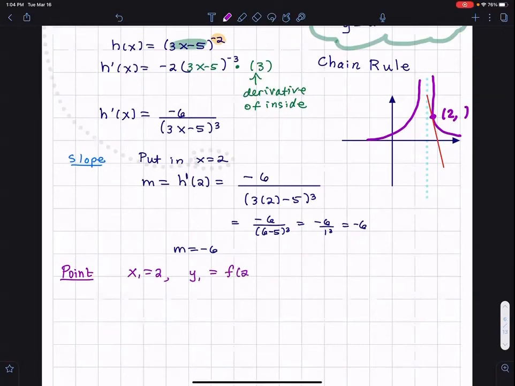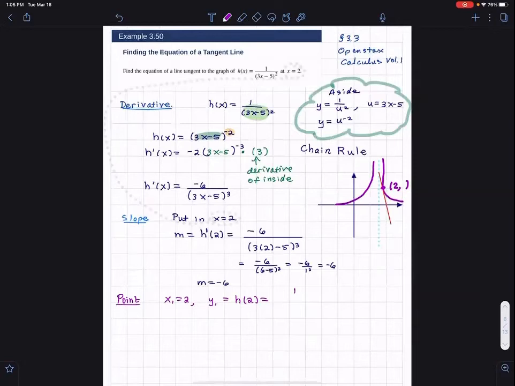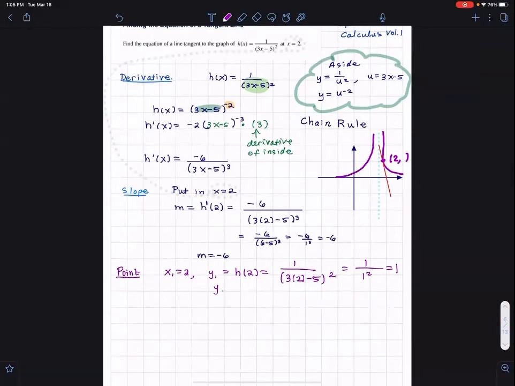So I have 1 over 3 times 2 minus 5 squared. So this is going to be 1 over 3 times 2 is 6, minus 5 is 1, squared. And we already did that calculation. So I have y1 equal to 1.